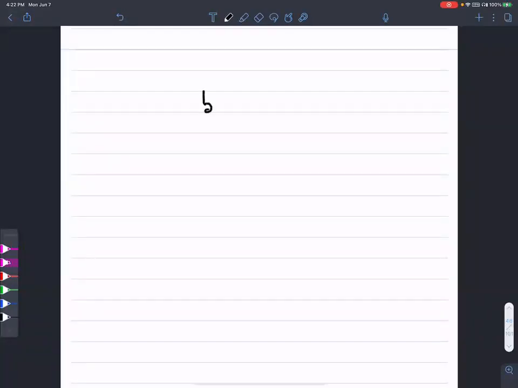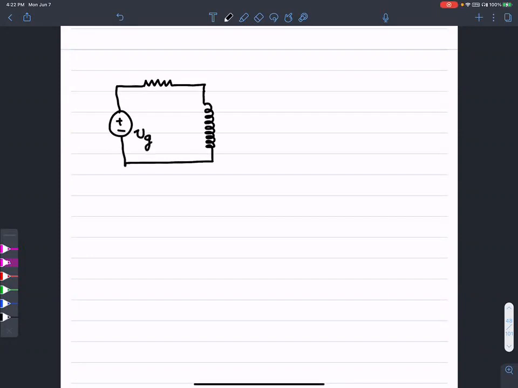Whenever you have a coil, a long wire, it does not come free of charge. There is some resistance associated with it, so you want to make sure you take into account the resistance as well. Let's say I have a voltage source VG, and this inductor with its long wire has a resistance of R1.